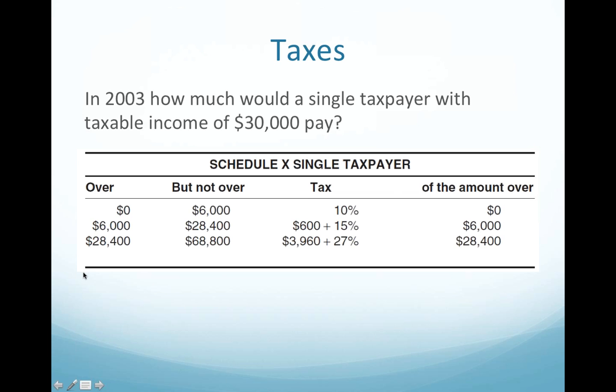So we're going to go to their tax schedule. Notice at the top it says single taxpayer, and this is probably a 1040 EZ because they got 1040 EZ, 1040A, and 1040. 1040 EZ is when you don't have a whole bunch of other items.